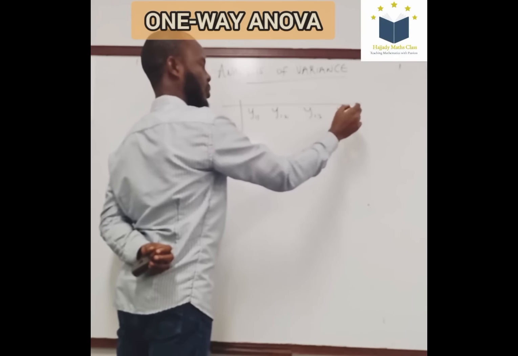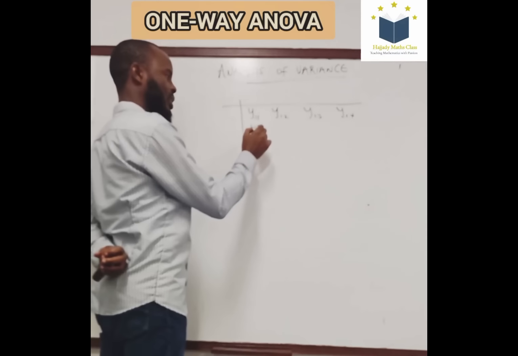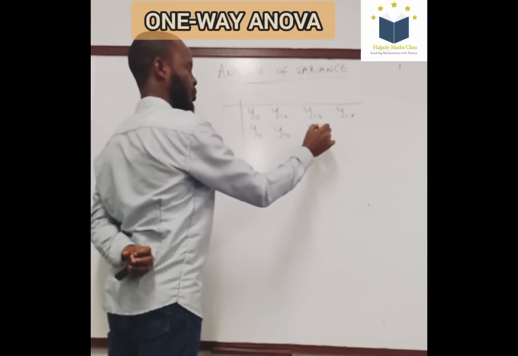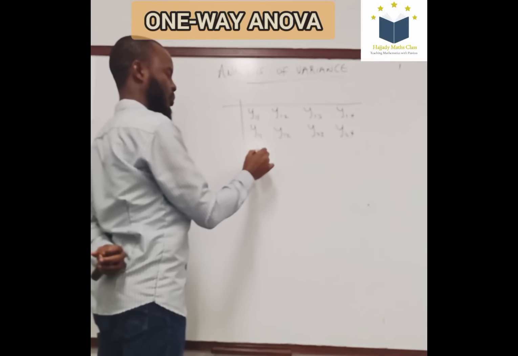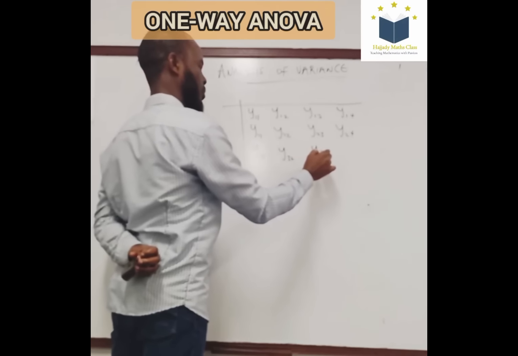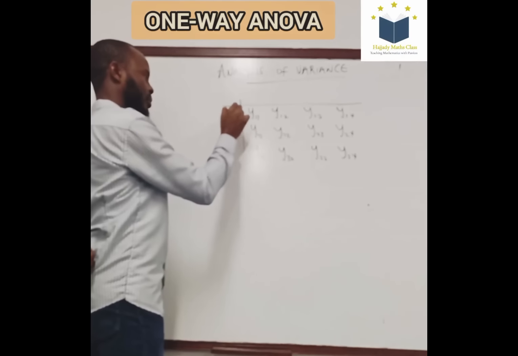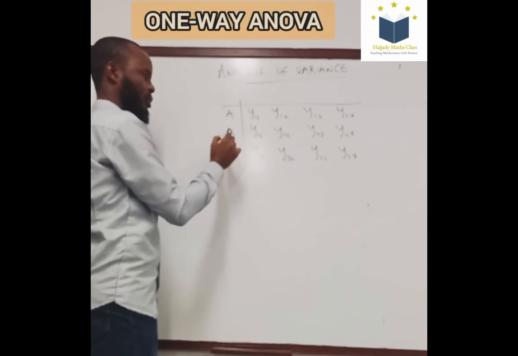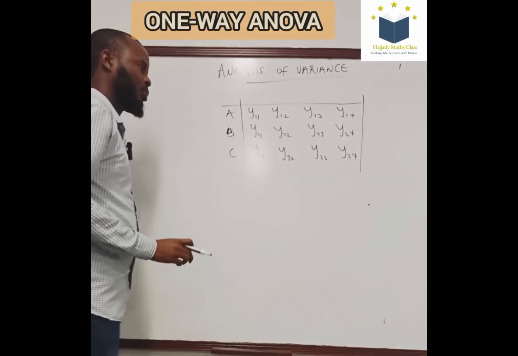First row, fourth column. Okay? So I have the same thing here: 2,1, 2,2, 2,3, 2,4. Okay? 3,1, 3,2, 3,3, 3,4. So here I'm having plant A, B, and also C. So these are the plots.